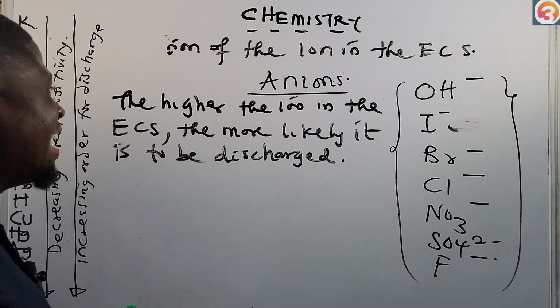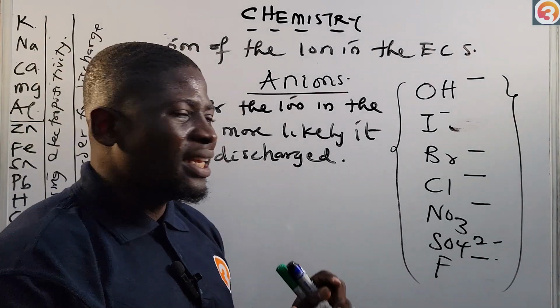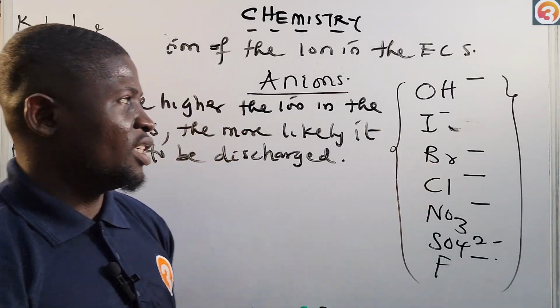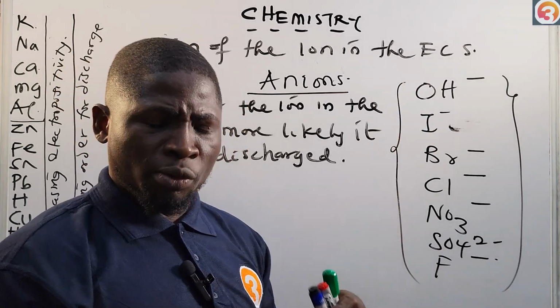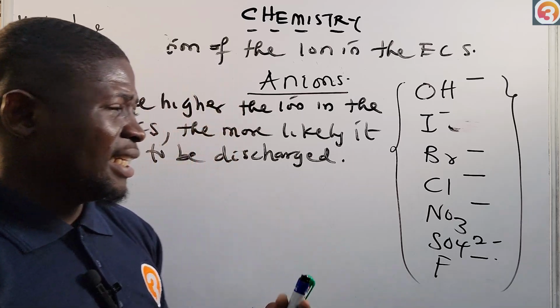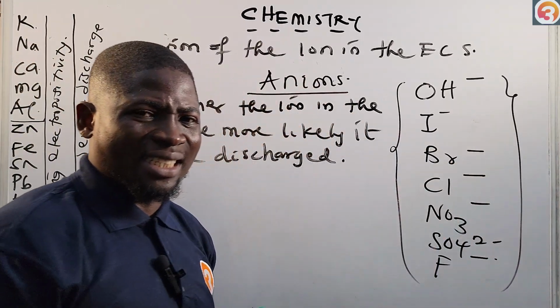Okay, the higher the ion in the electrochemical series, the more likely it is to be discharged. That means if OH and I go for discharge, right? Which one will be discharged in preference? OH will be discharged because OH is higher than iodine in the electrochemical series for the anions. All right. So that is that for that.